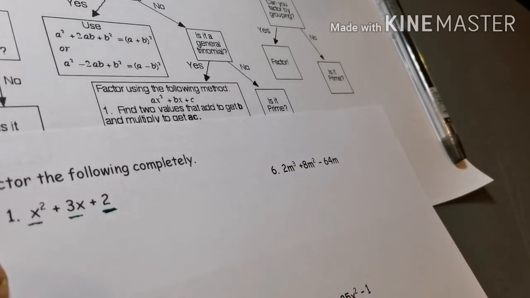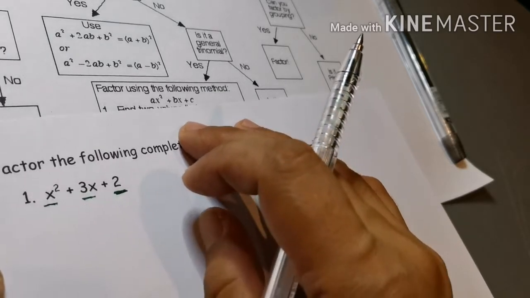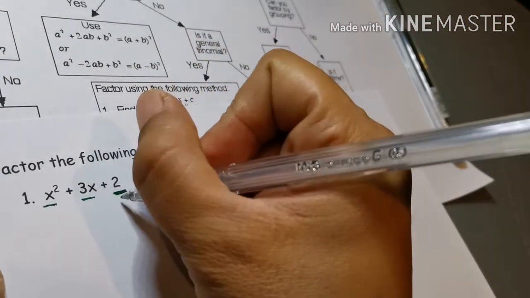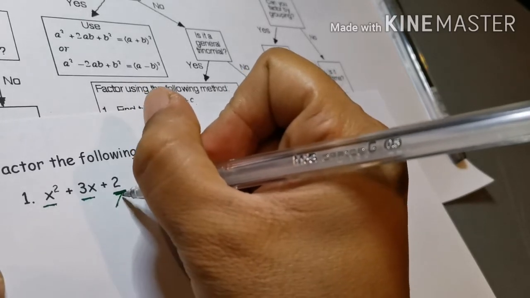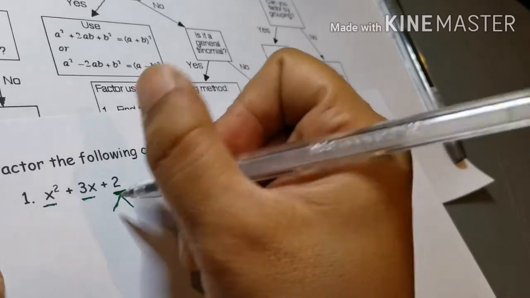How are we going to identify whether it is a general trinomial? Let us follow these steps. The first step is to get the factors of the last term. What are the factors of 2?